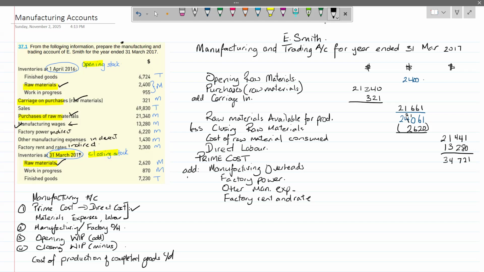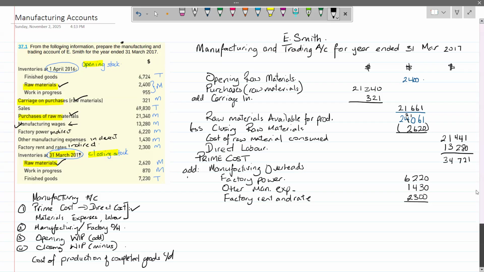So what we will do here now is use our second column. Power is 6,220. Other is 1,430. And rent and rates is 2,300. And we bring this across, right? So this will give us a total figure for our manufacturing overhead.